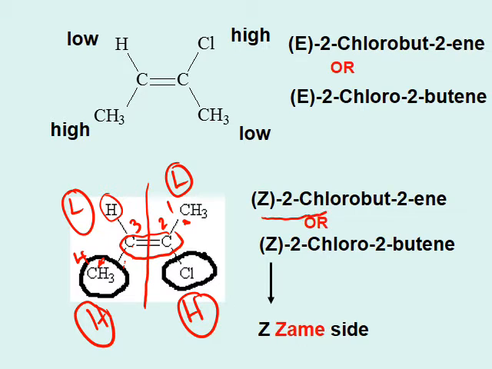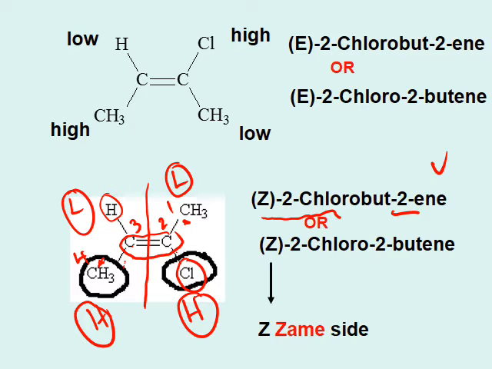In the second position you have chloro, and there are 4 carbons in the longest chain, so that's butene, and the double bond is in the second position. So this is the right name of this compound: Z-2-chloro-but-2-ene, or we can just say Z-2-chloro-2-butene.